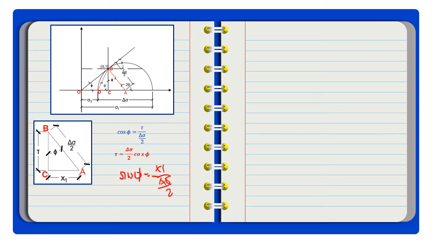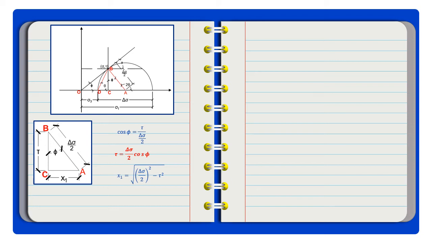So, yan ngayon yung pwede din natin gamitin, or we can use the Pythagorean theorem, which is x sub 1 is equal to square root of delta sigma over 2 squared minus tau squared. So, it's either of the two equations yung pwede natin gamitin para mapalabas yung gusto natin na x sub 1.